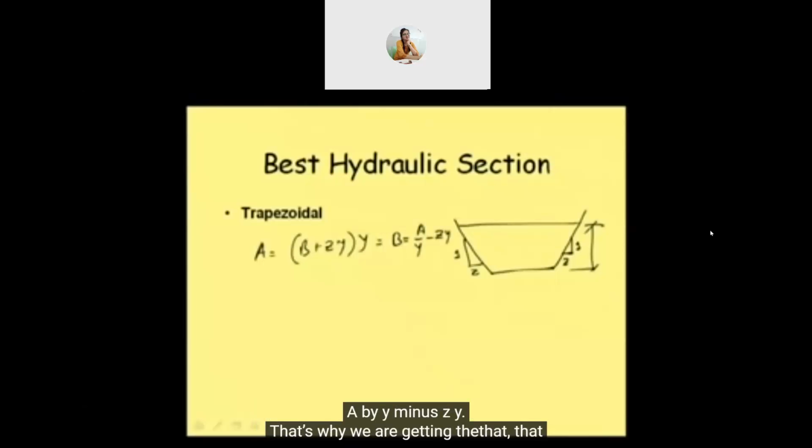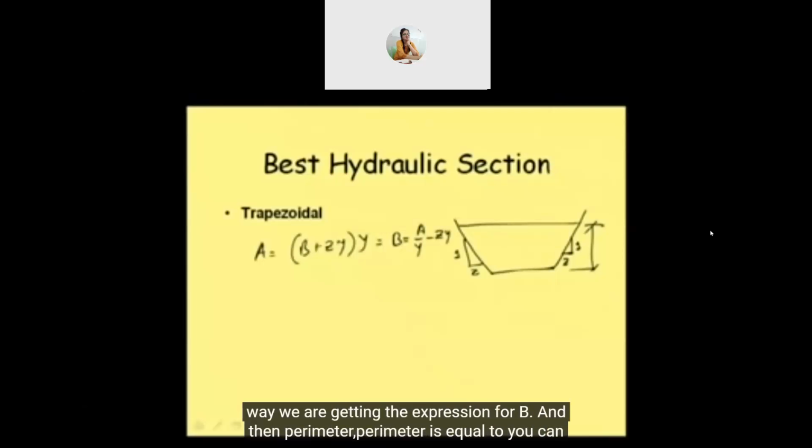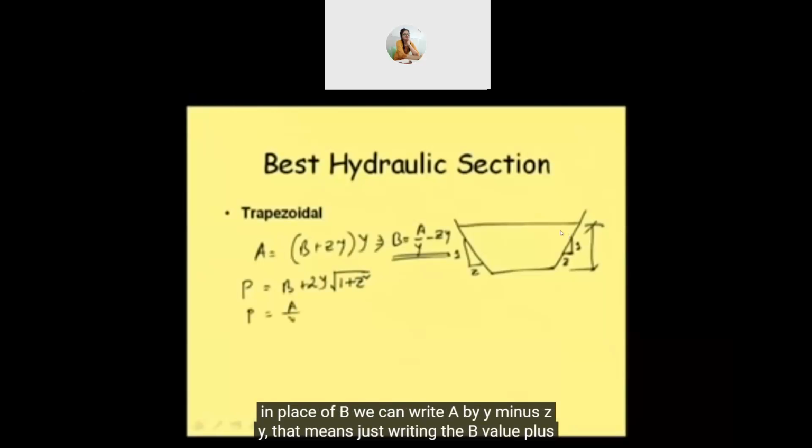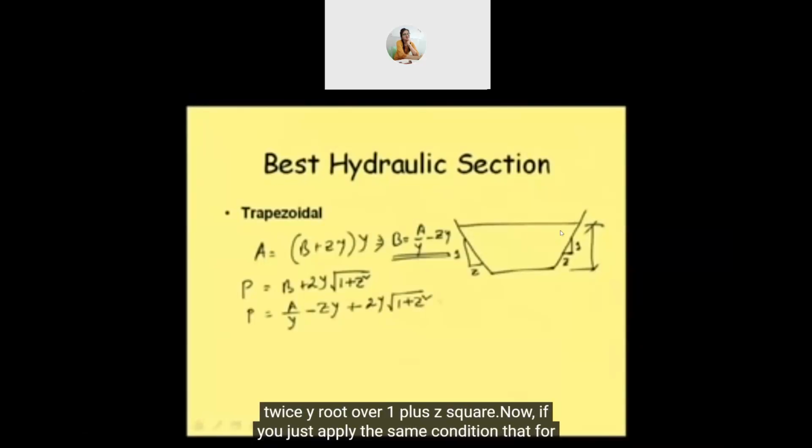That is how we get the expression for B. Then perimeter is equal to B plus twice Y root over 1 plus Z squared. Now this can be written as P equal to A by Y minus ZY, just writing the B value, plus twice Y root over 1 plus Z squared.